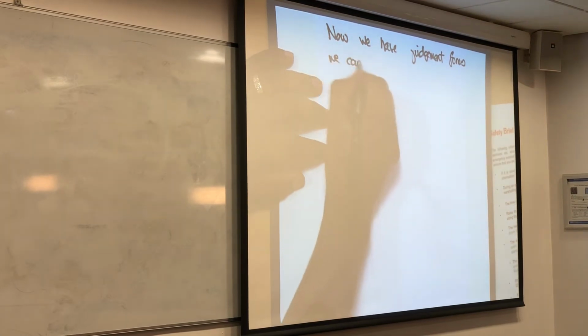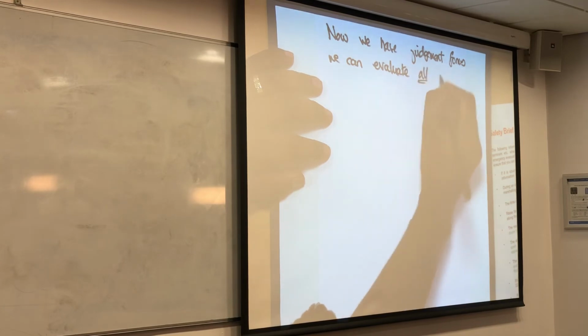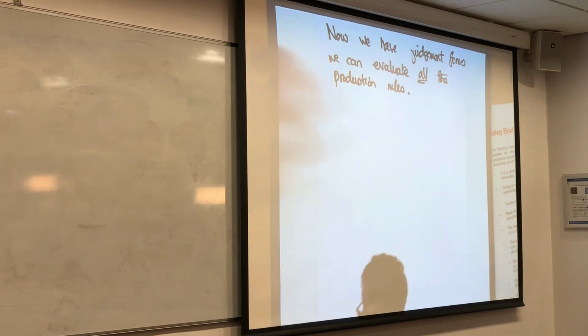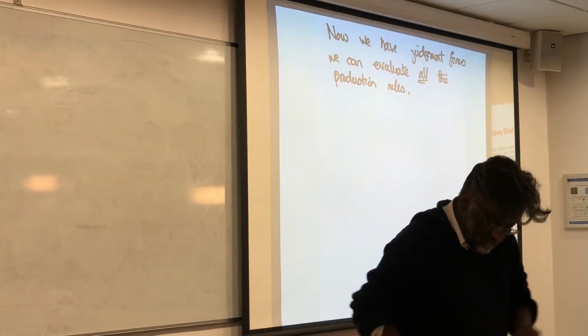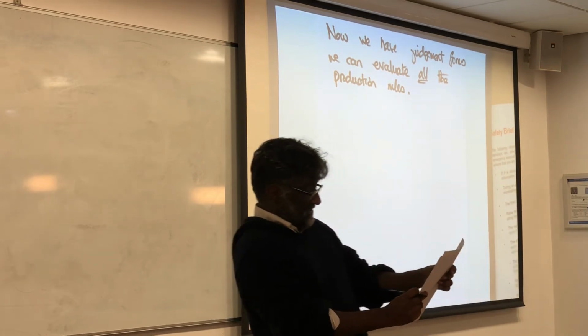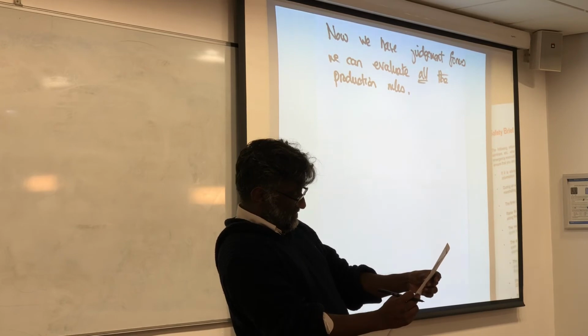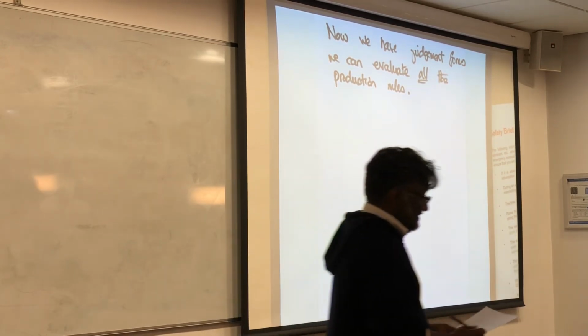We can evaluate all the instruction rules. So let's see. In the grammar integer expressions we have variables, we have values, we have additions, we have subtractions, we have new, and we have do.